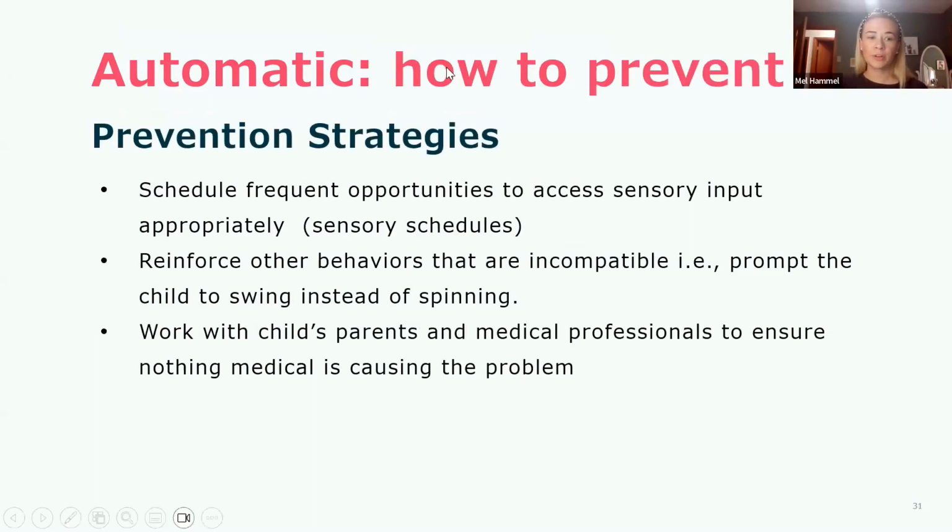So how to prevent these behaviors. Like I said, this is the most tricky behavior and function to work with, because on one hand, it's soothing something internal, some kind of sensory need that they need to meet.